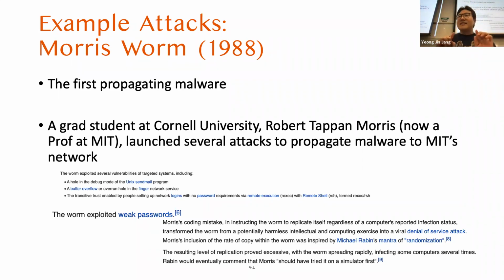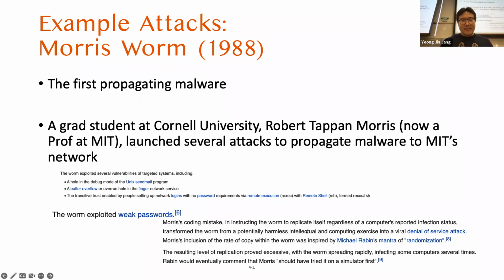And it had a functionality that after one attack happened, the malware on the victim machine would try to search for another host to infect, and another host. So it hit exponential growth and broke some of the network-related systems in the university. Yeah, that's the attack that happened.